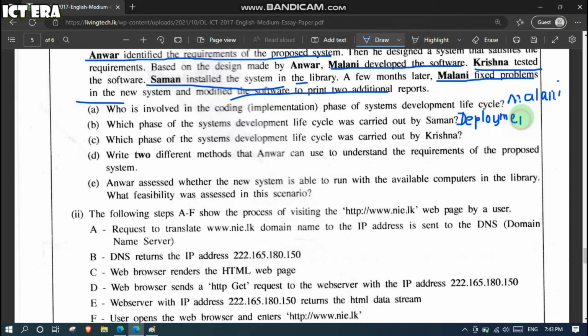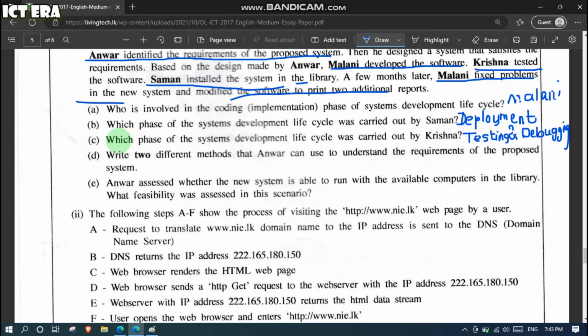Which phase of the system development life cycle was carried out by Krishna? Testing and debugging. So you can either write testing or else you can write both testing and debugging. Write 2 different methods that Anwar can use to understand the requirements of the proposed system.